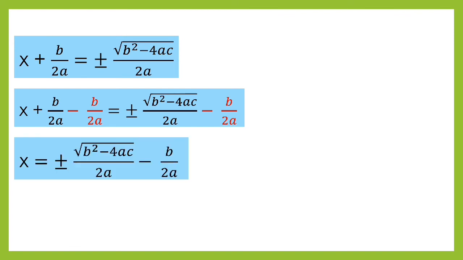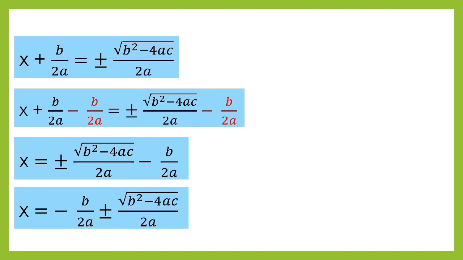Let's simplify. We now have x equals plus or minus square root of b squared minus 4ac all over 2a minus b over 2a. And now we interchange.